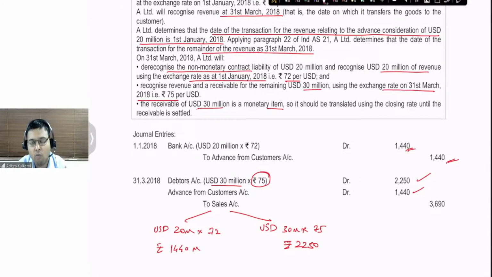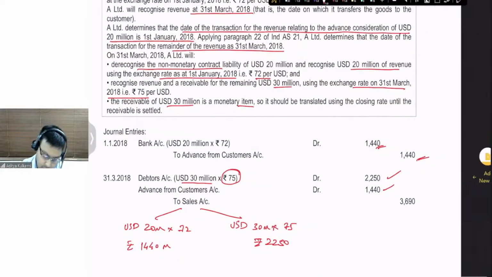And therefore, whatever is advance received, to that extent, revenue also will be recognized. So the advance is nullified. Whatever is the balance revenue that I am recognizing, that balance will be based on the date of the transaction.